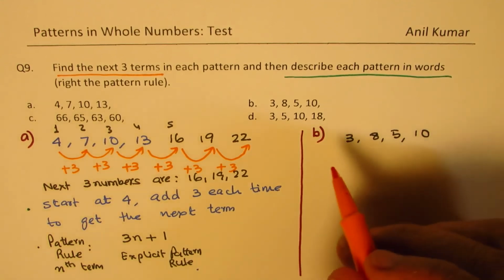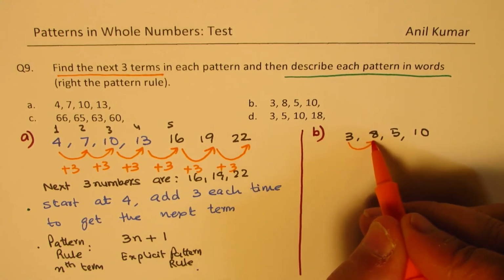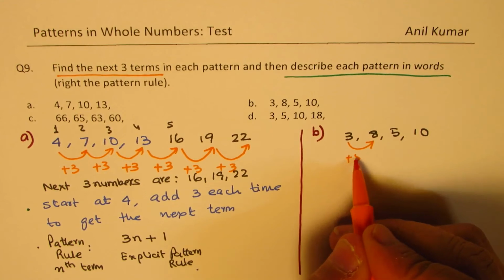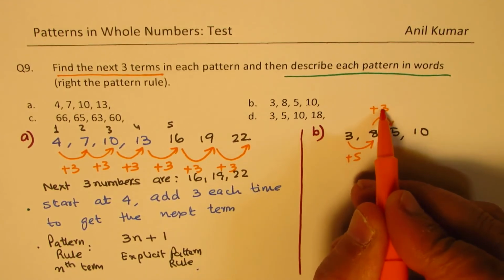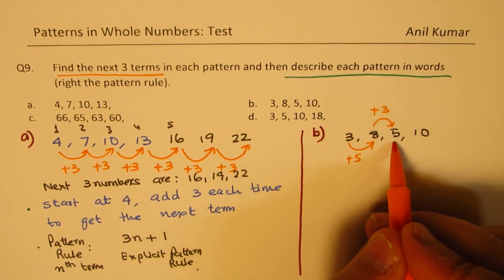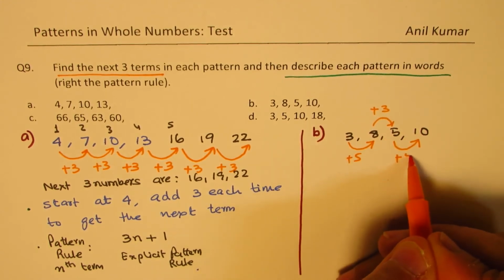That is very tricky. Now, 3 to 8, the difference is how much? Well, we are adding 5. And as far as 8 to 5 is concerned, we are adding only 3. So we are not adding the same number. Here, what are we doing? 5 to 10 is adding 5.